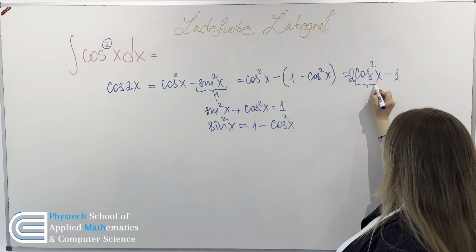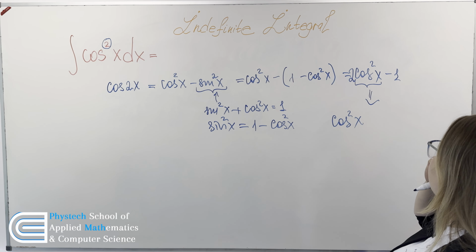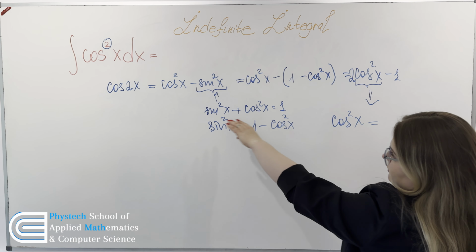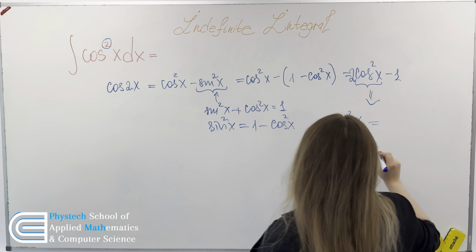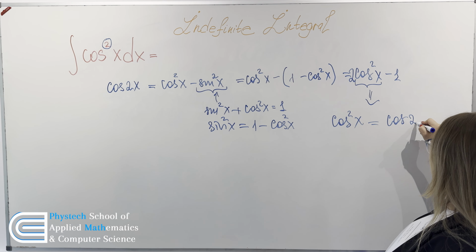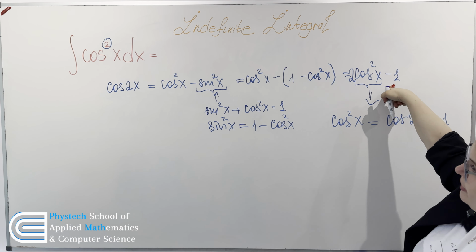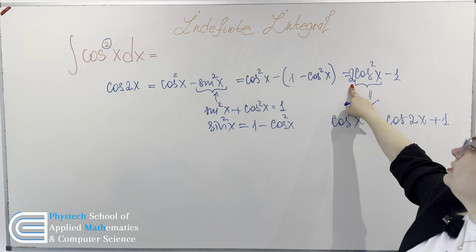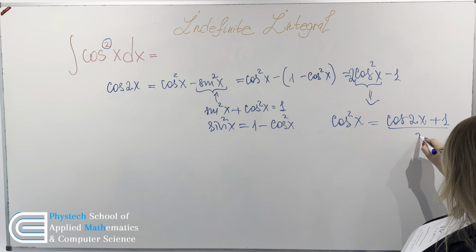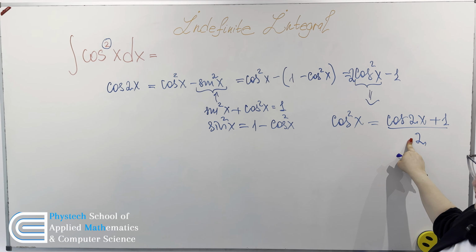So from here we can see that cosine to the power of 2 is equal to cosine of 2x plus 1, and we need to divide it by 2.